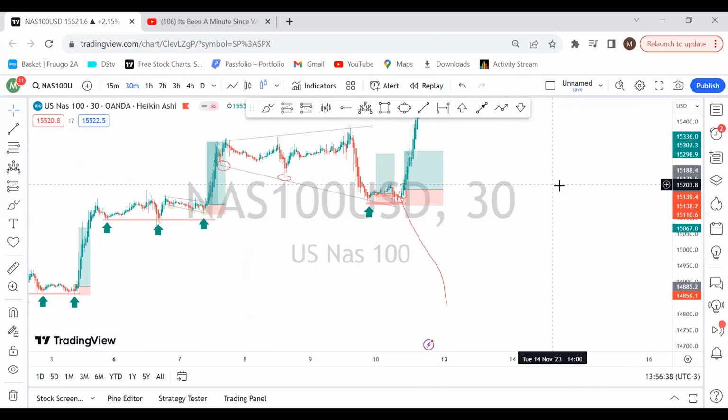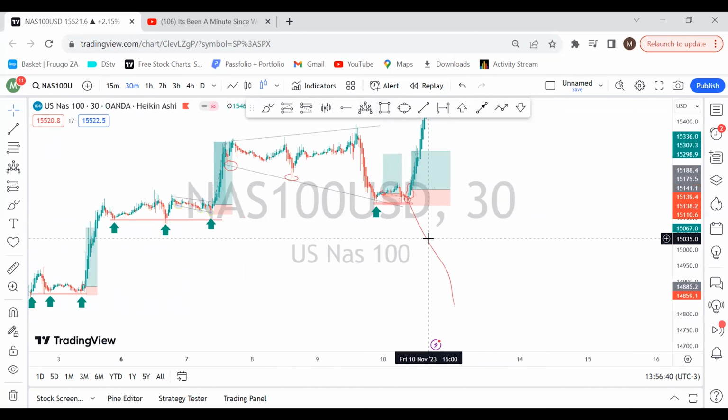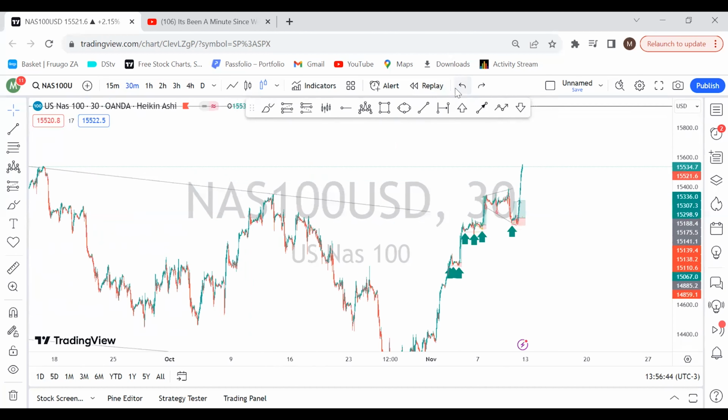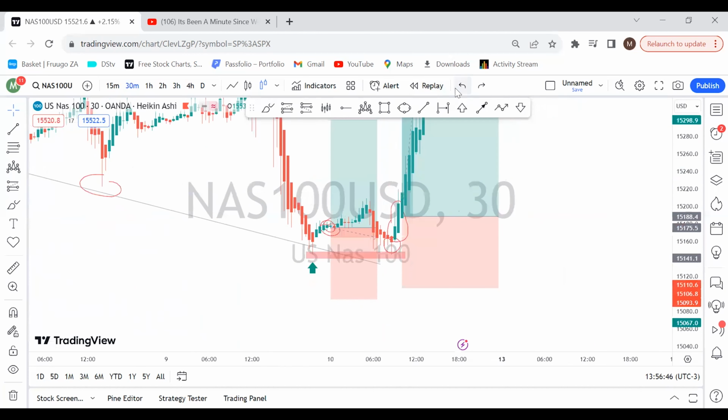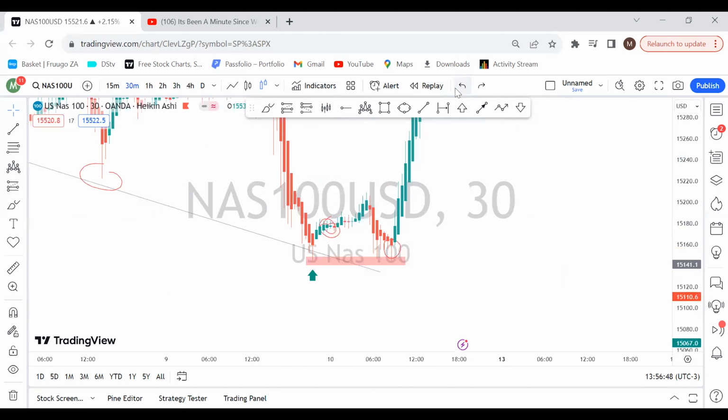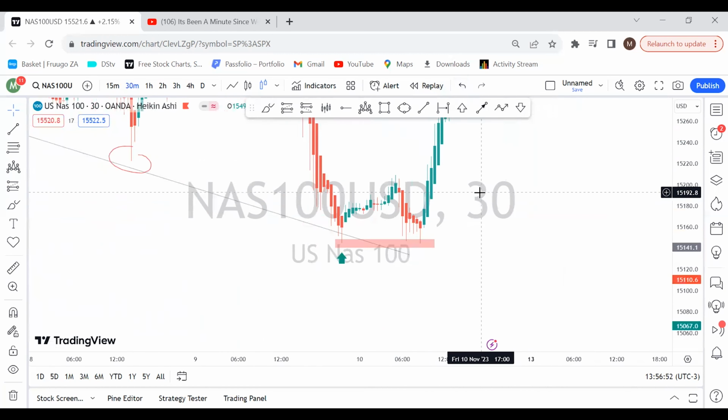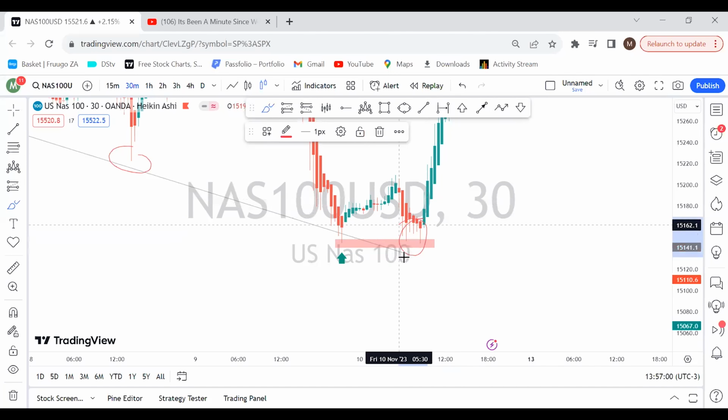Okay, let me just erase this. So the market won't give you the bullish candlesticks. Instead, let's say for an example, we're focusing to enter here. The market will just keep giving you red candlesticks while going down, red, red, red, red.